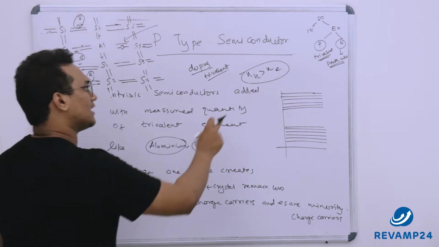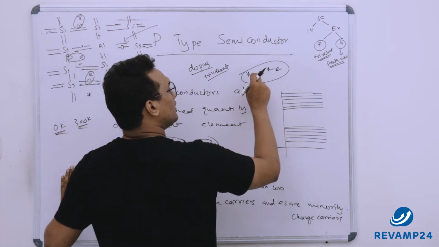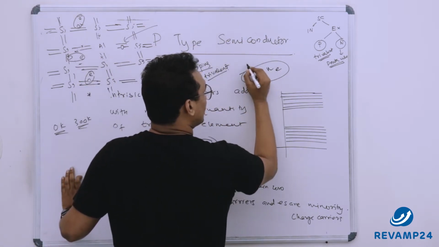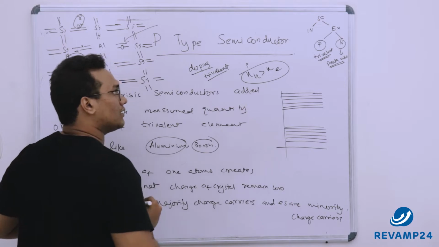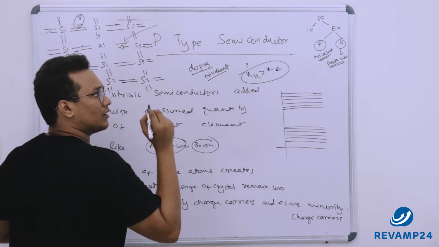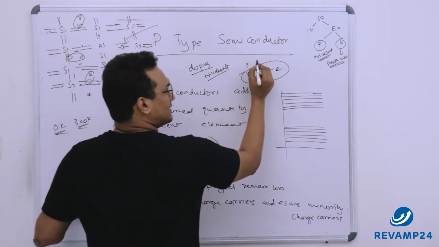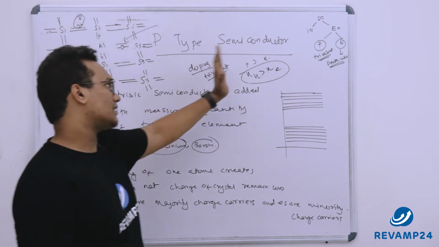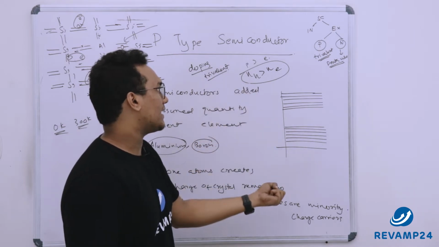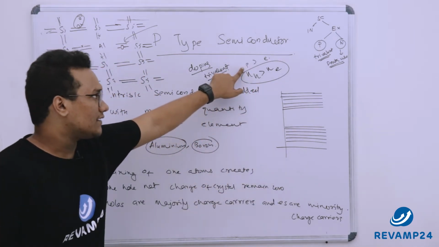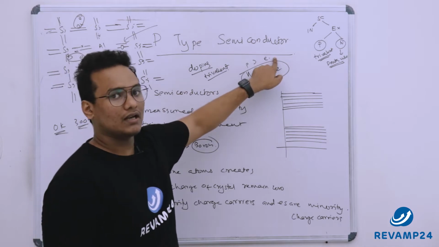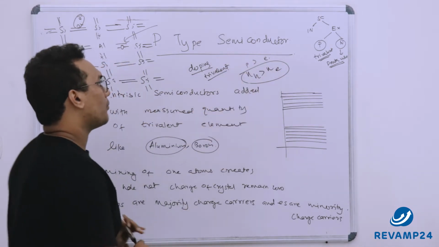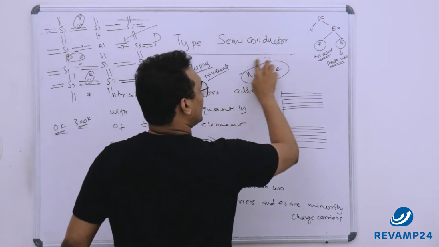Okay, but as the number of holes is more than the number of electrons, we are calling it a p-type semiconductor, because see, this means that the total charge of holes is greater than the total charge of electrons. Okay, when we are comparing the charge carriers, as the total positive charge carriers are greater than the total negative charge carriers, we can say that this is positive and these are p-type semiconductors.